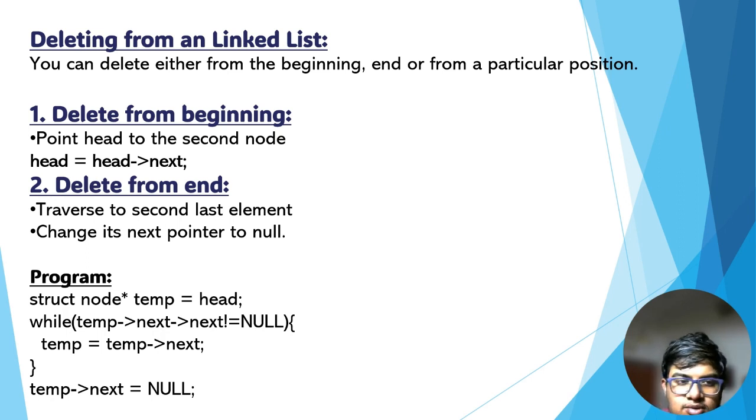That node doesn't exist anymore. While deleting from the end, you traverse to the second last element and make sure that the second last element points towards null. So the last element is deleted. Here you can see a program which will help you in understanding that.